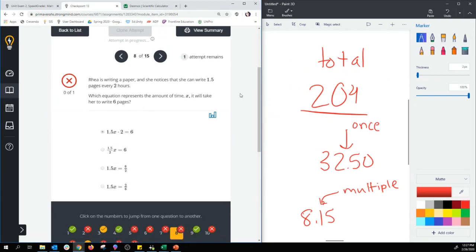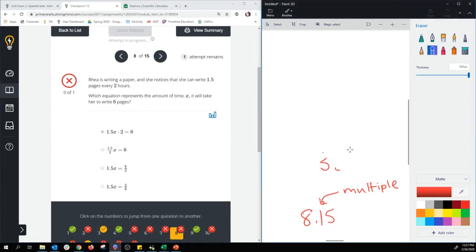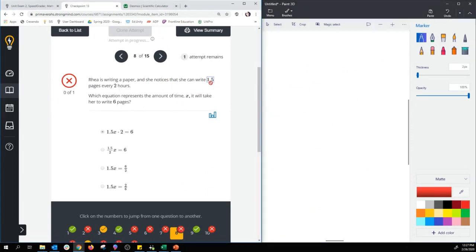All right, number 8. Rhea is writing a paper, and she notices that she can write 1.5 pages every 2 hours. Think back to when we were writing proportions. If she writes 1.5 pages every 2 hours, how would I write that as a ratio with one number over another?